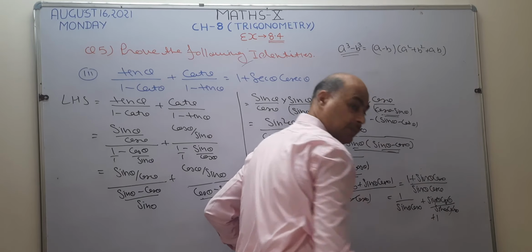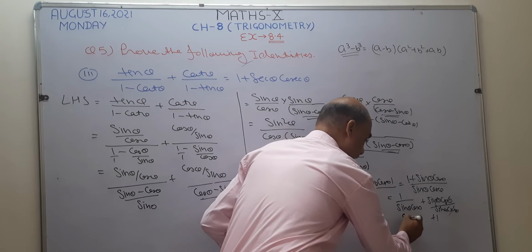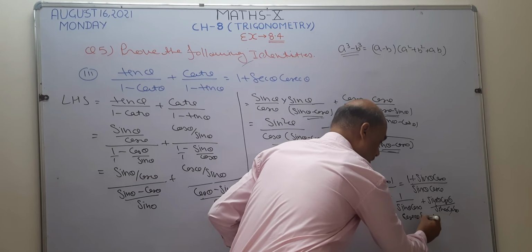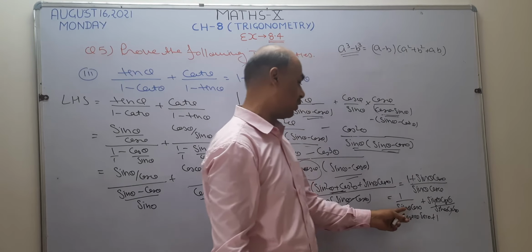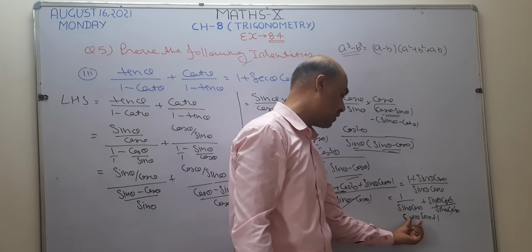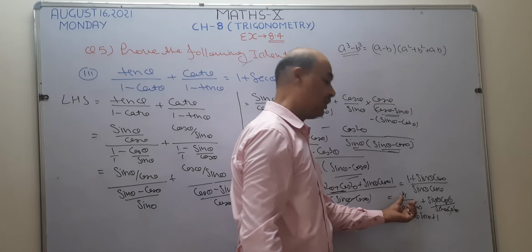So write here 1. Now 1 by sin can be written as cosec theta. 1 by cos can be written as secant theta. Because you know reciprocal of sin is cosec, reciprocal of cos is secant. So 1 by sin becomes cosec and 1 by cos becomes secant. Or you can write 1 into 1, 1 into 1 is 1.